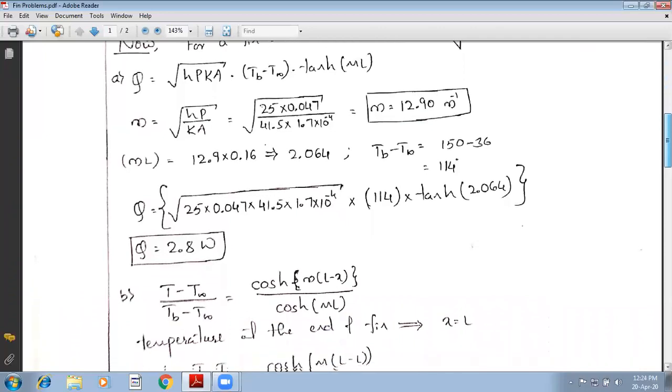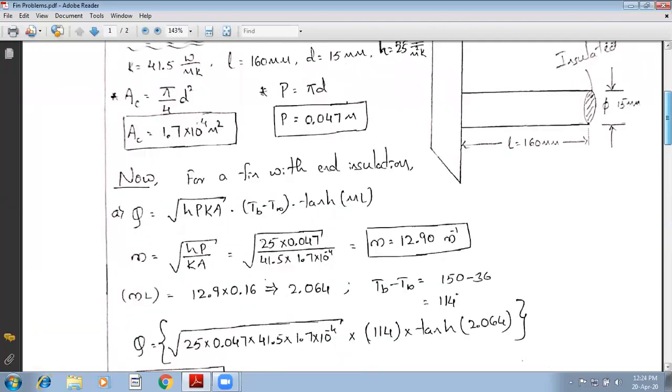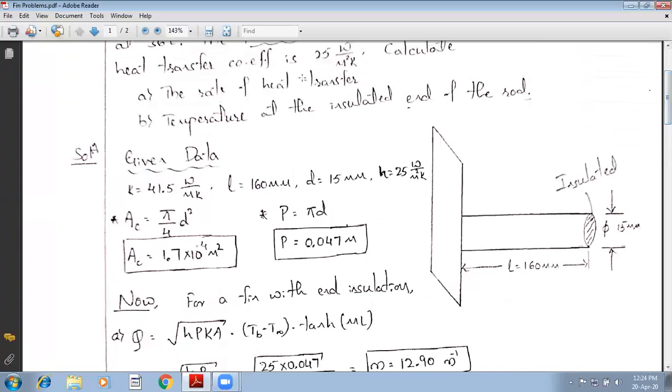Now coming to the second bit of the question, he has asked you to calculate the temperature at the end of the rod, which means you have to calculate the temperature at this point.